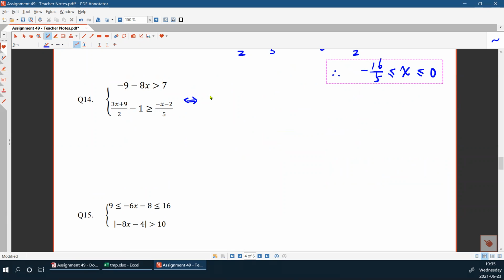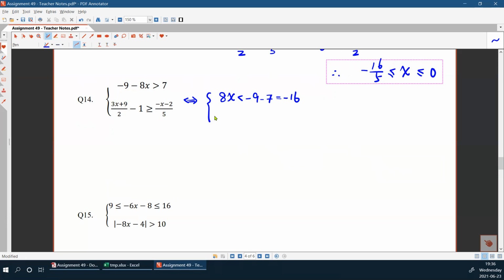Okay, original system is equivalent to, first, we can move 8x to the right hand side. So 8x should be smaller than minus 9 minus 7, which is minus 16, right? Second, we can eliminate the denominators by multiplying the least common multiple of 2 and 5, which is 10.